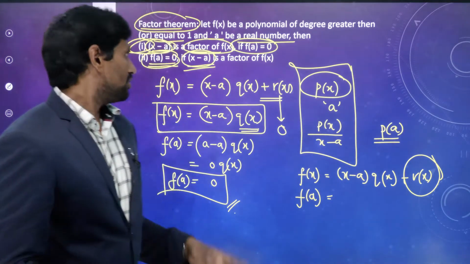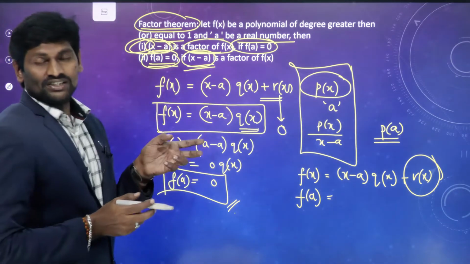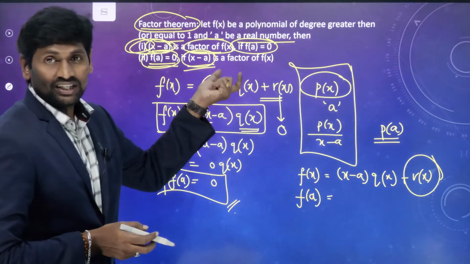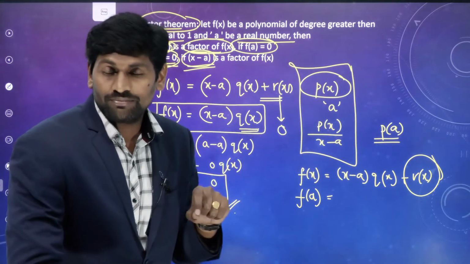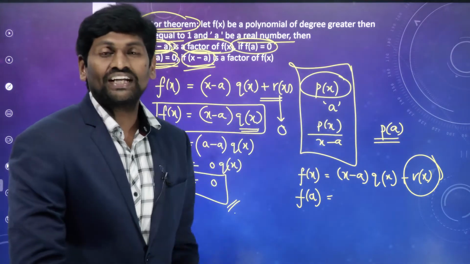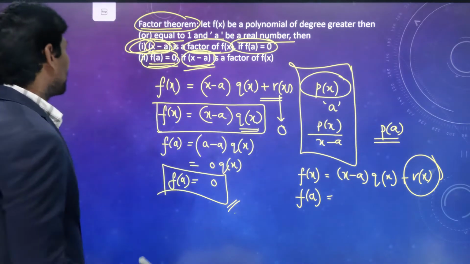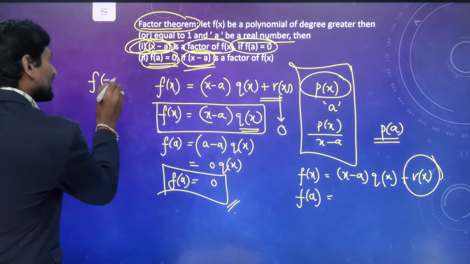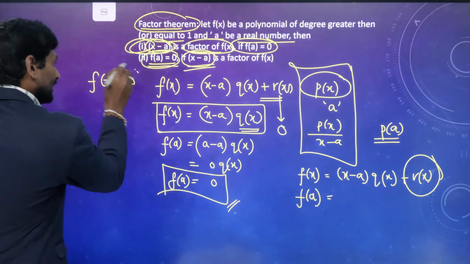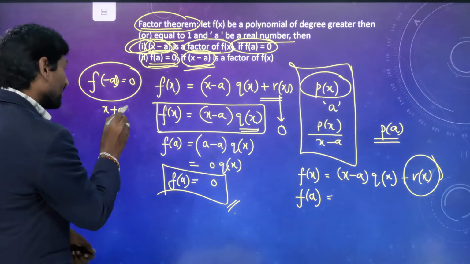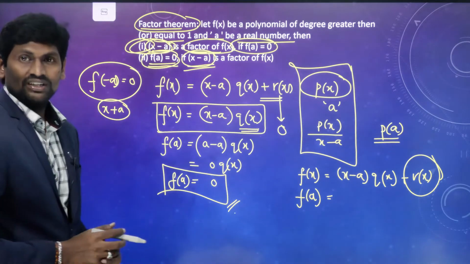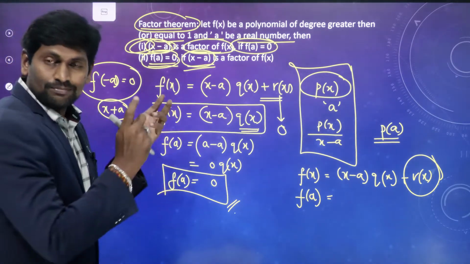Okay? So these two are vice versa. If x minus a is a factor, f of a becomes 0. At the same time, if the value of f of a becomes 0, then we can consider that x minus a is a factor. Same way, if f of minus a becomes 0, then what will be the factor? X plus a will be the factor. Okay? F of a is 0 means x minus a is a factor.